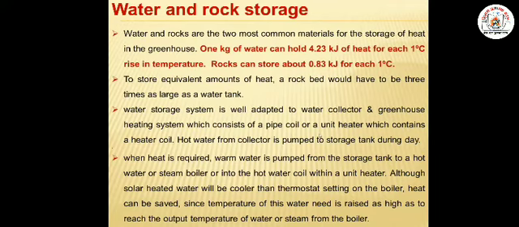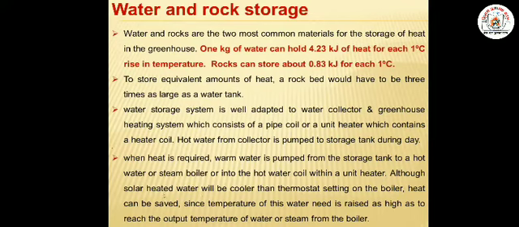Water storage system is well adapted to a water collector in the greenhouse heating system, which consists of a pipe coil or a unit heater which contains a heater coil. Hot water from the collector is pumped into the storage tank during the daytime. In a water storage system, when heat is required, warm water is pumped from the storage tank to a hot water or steam boiler, or into the hot water coil within a unit heater.